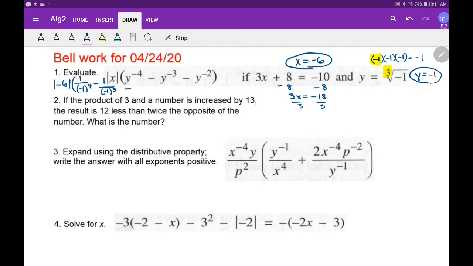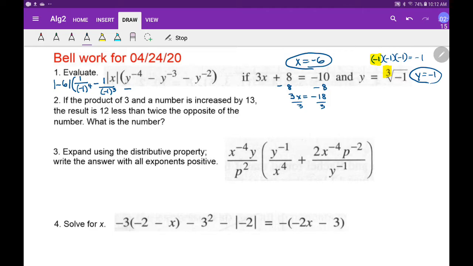If the product of 3 and a number, so 3 times n, is increased by 13, 3 times n plus 13 is equal to 12 less, so I'm going to subtract 12 from something, but I have to know the something first, twice the opposite.